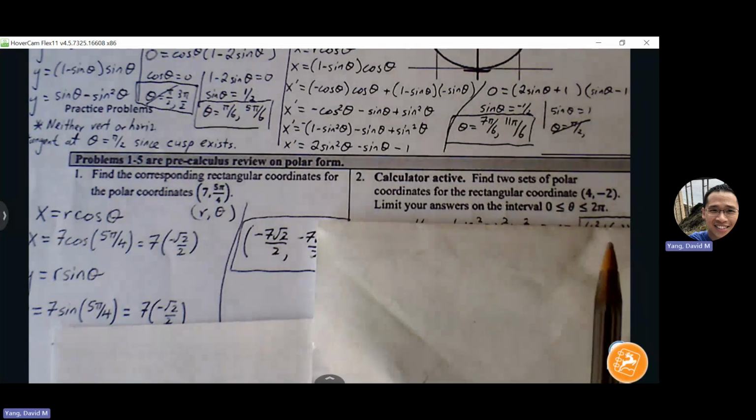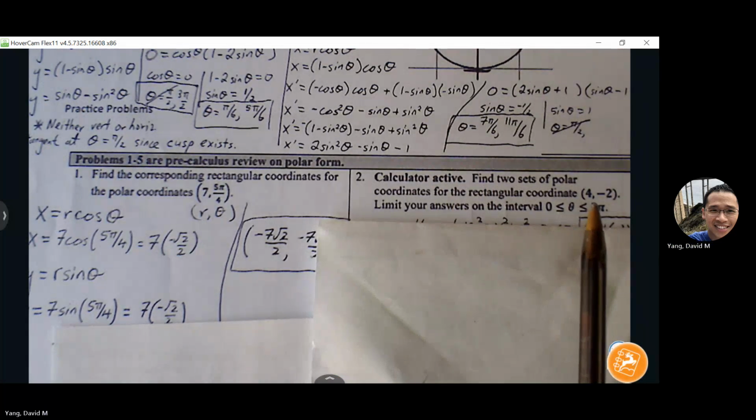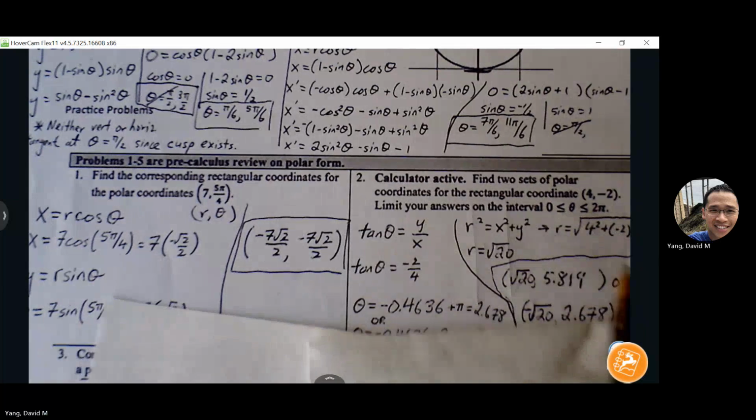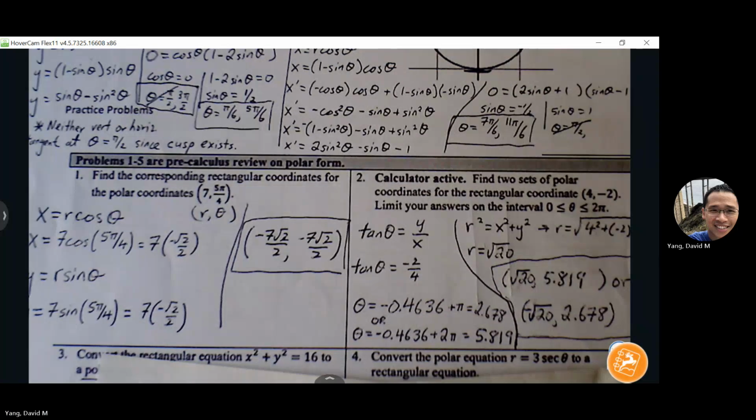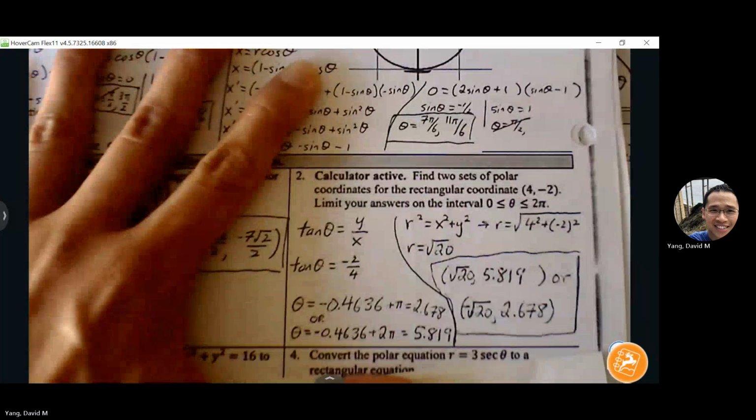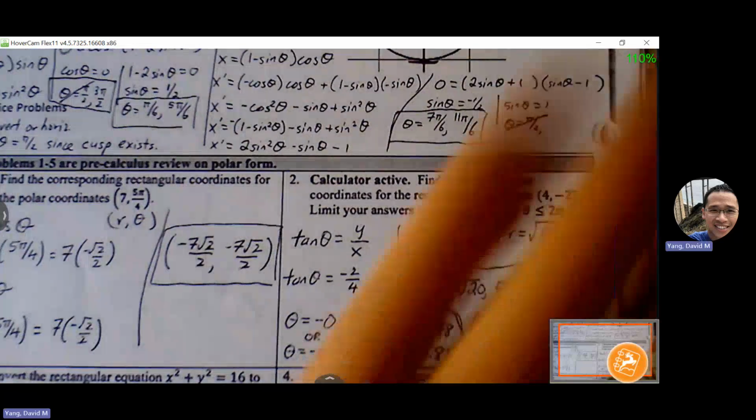We need to find a theta. 4, -2. Now these are in radian measures here.